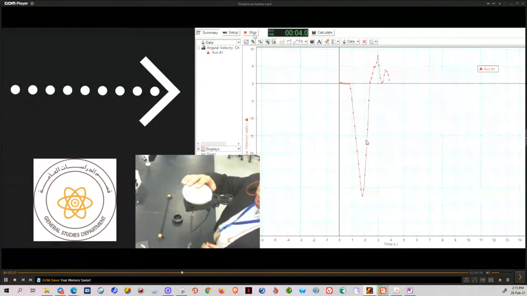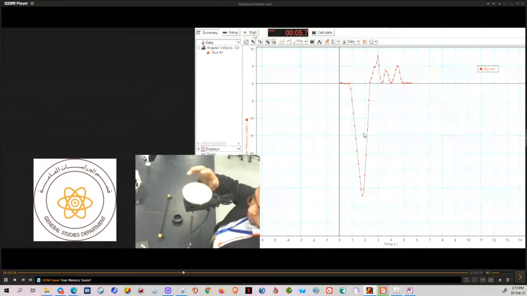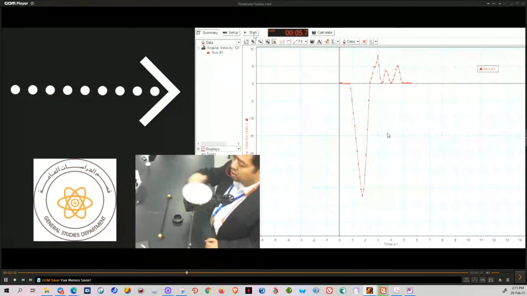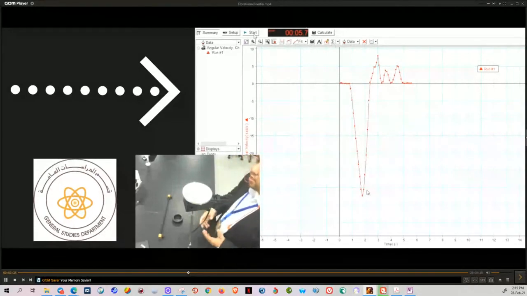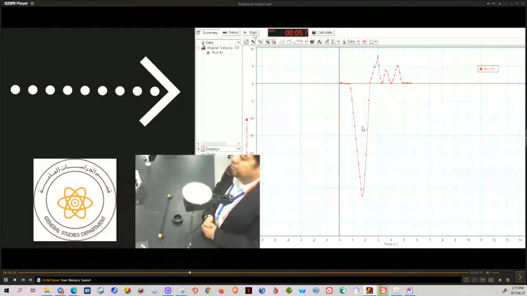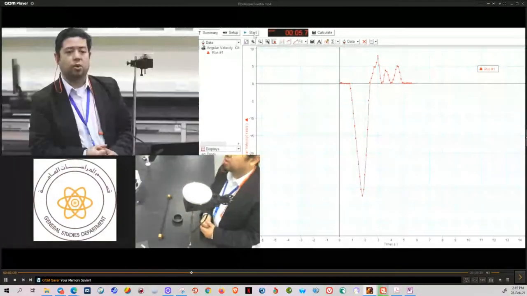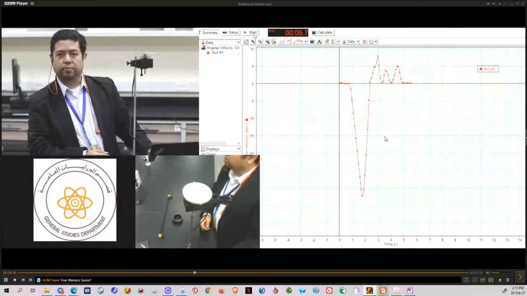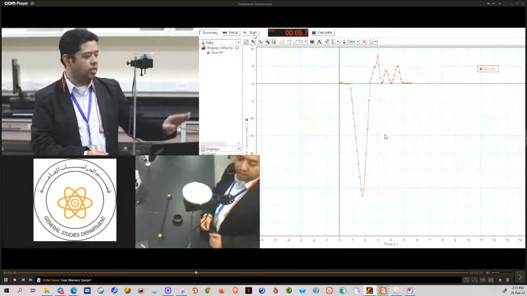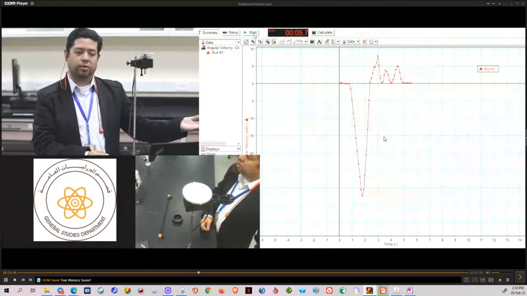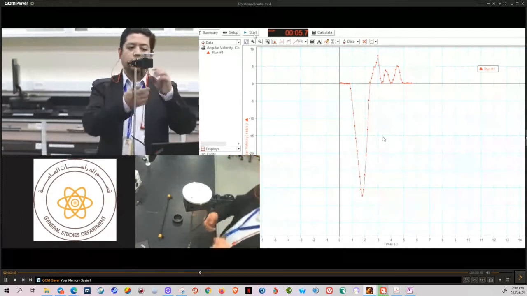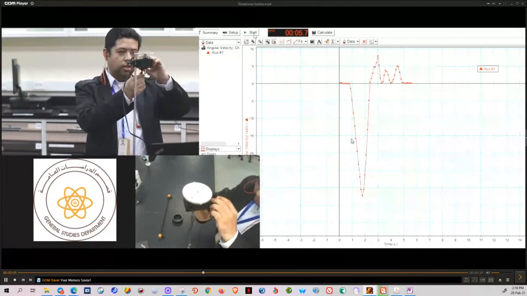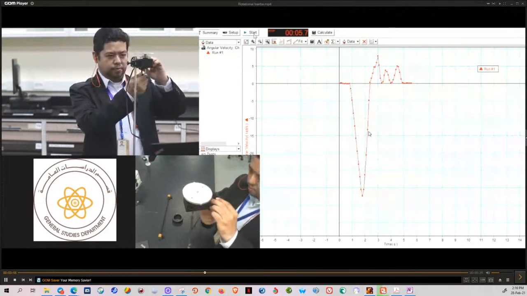Now, what you notice is that, let's stop first. The graph is going down. What does that mean? That the direction of your rotation is going in the opposite. What you can do is you can take the rotary motion sensor, which is plugged to our interface, and reverse the polarity from there. Or you can take your pulley and angle it to the opposite side.